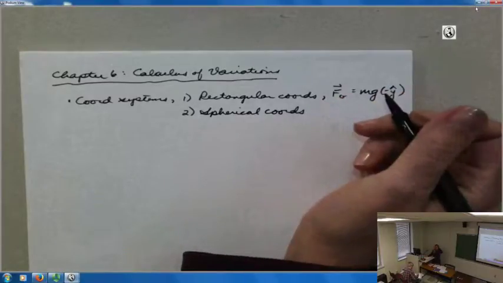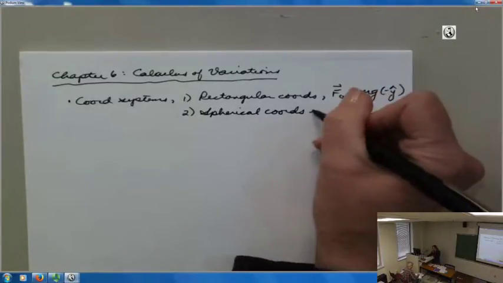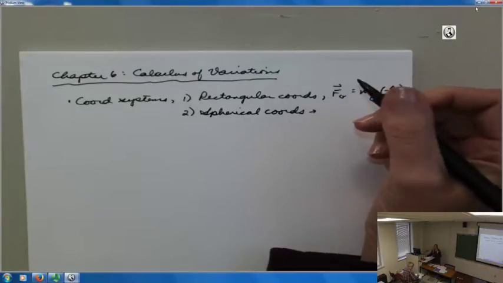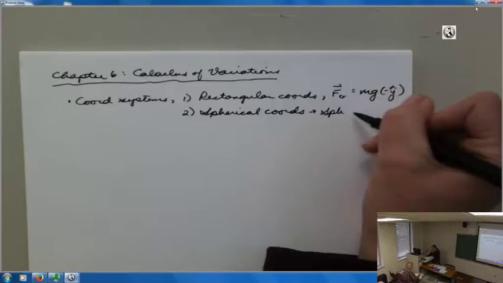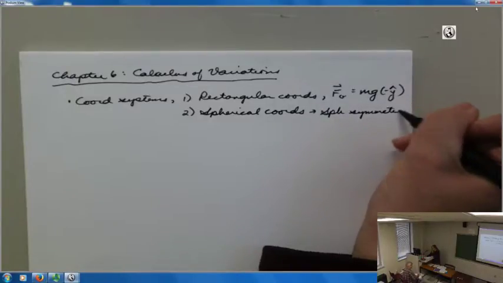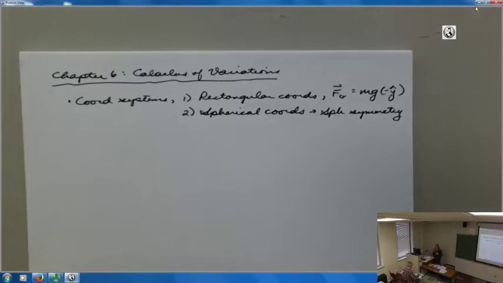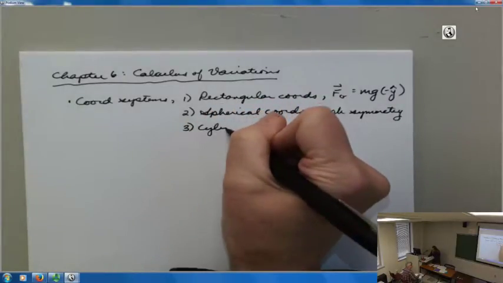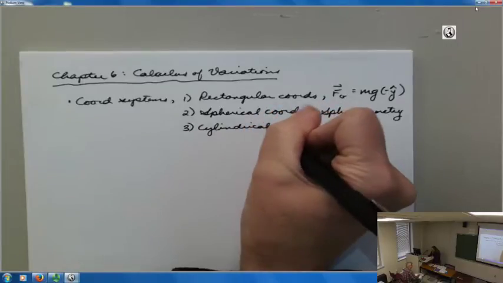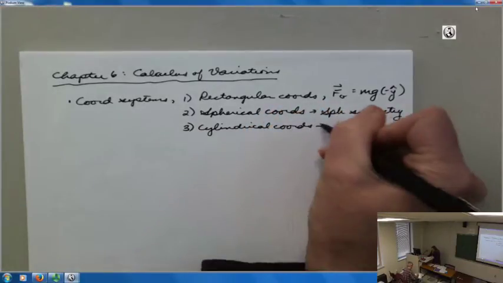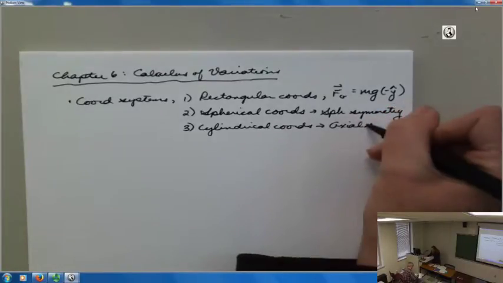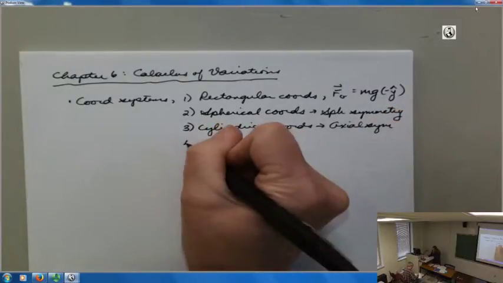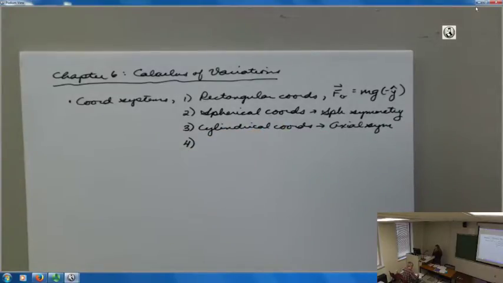In spherical coordinates, we like to use them whenever we have spherical symmetry. You can imagine a point source of an electric field, something like that. Or if you were going to do something related to gravitation, but far enough from the Earth that you were using that expression for gravity that was the minus r hat. Also, we have cylindrical coordinate systems, whenever there's axial symmetry, maybe a line of charge or a line of mass involved. And then we have these specialized coordinate systems.